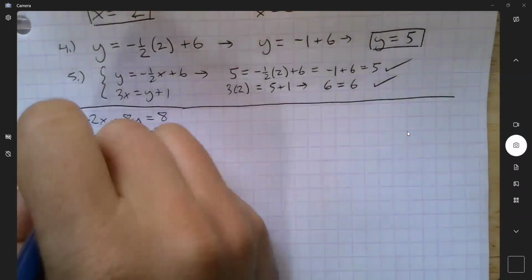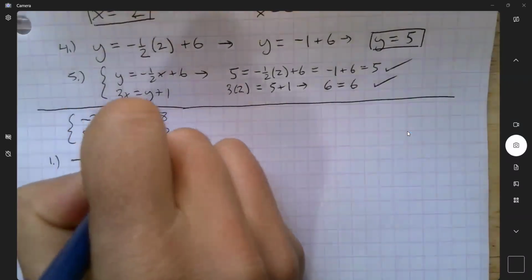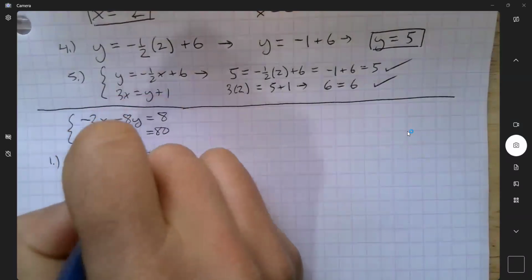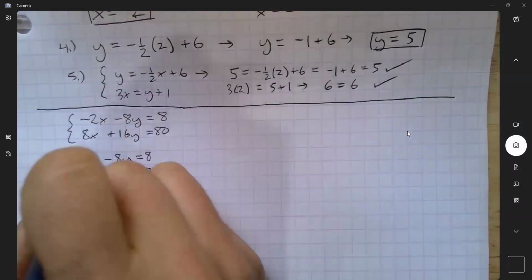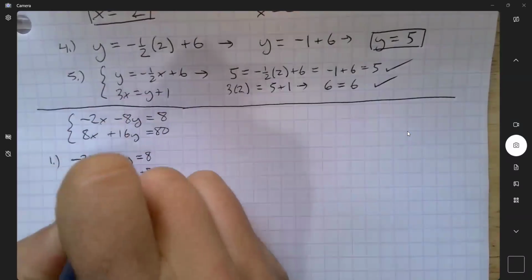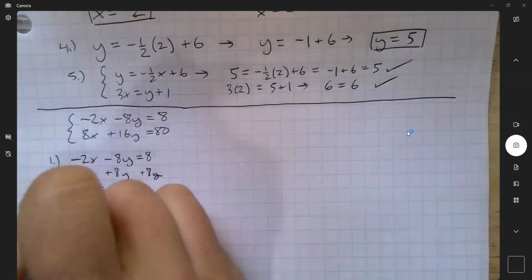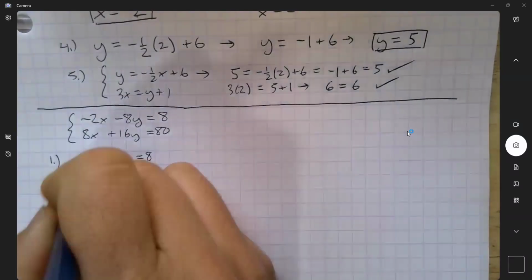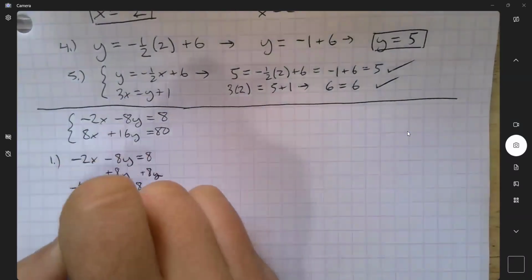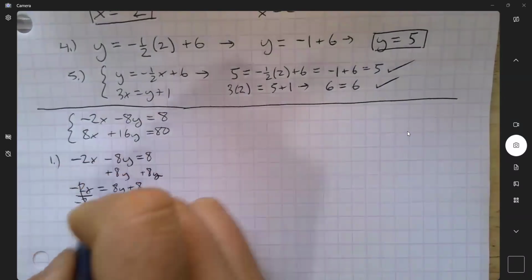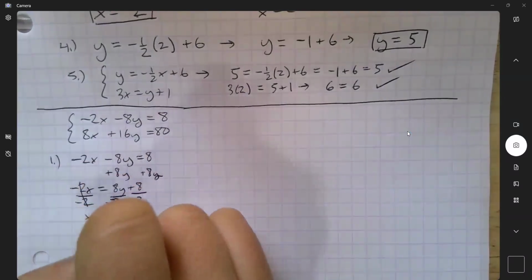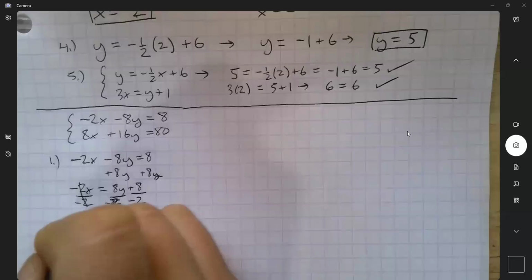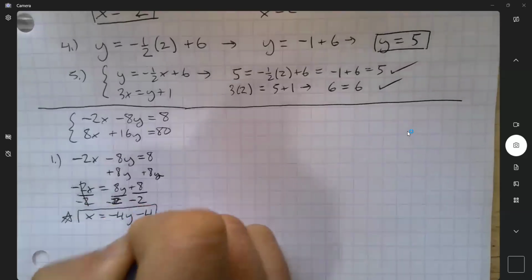The first step is to solve my top equation for x. I'll add 8y to both sides. I get -2x equals 8y plus 8. Divide both sides by -2, and I get x equals -4y minus 4. So there's my start equation.